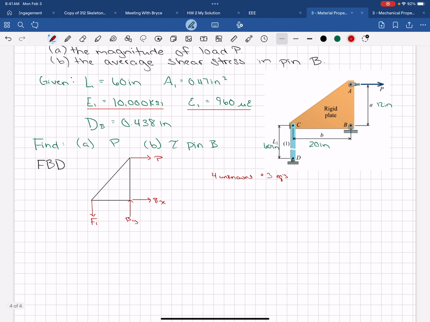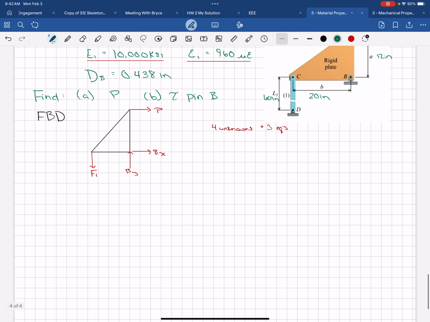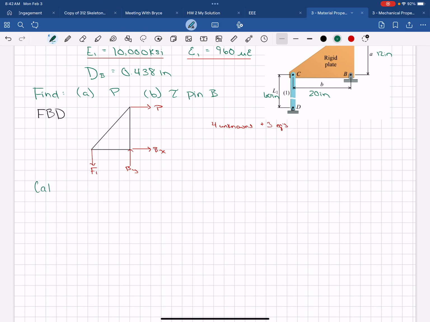So we can calculate F1 using Hooke's law, which is E equals stress over strain, because we know both E, elastic modulus, and strain, and normal stress, which would be sigma equals F1 over A1.